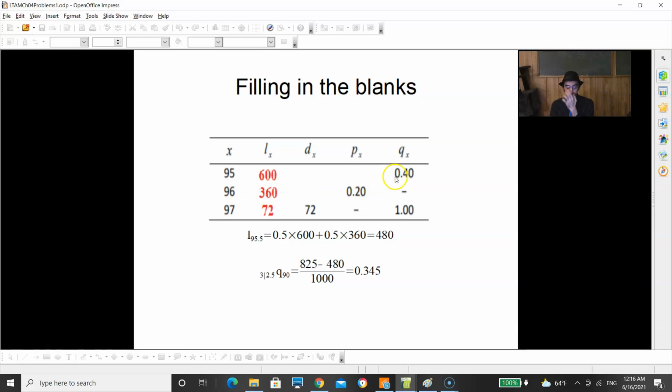Then you're told if 40% of people died from age 95, well, I guess what I should have filled in also is that this means 60% survived, so there would be a 0.60 here. You divide 360 by 0.60, you get 600 survivors to age 95.